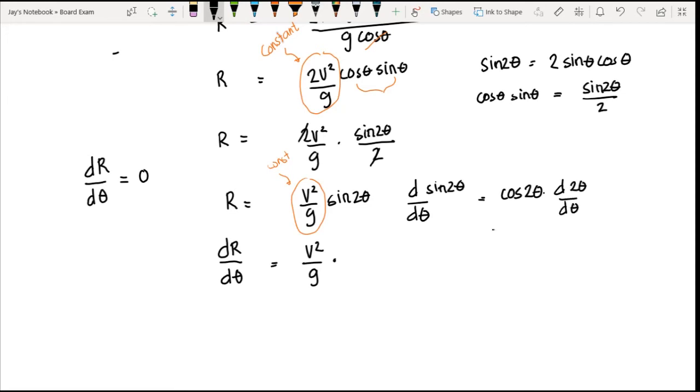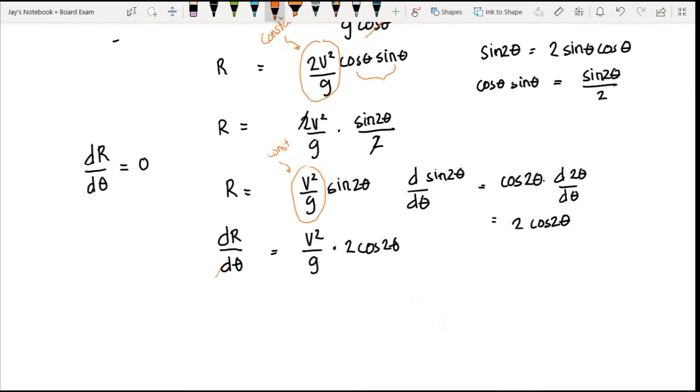So that means we would have 2 cosine of 2 theta. We equate this to 0. So that means we have v squared over g times 2 cosine of 2 theta equals 0.